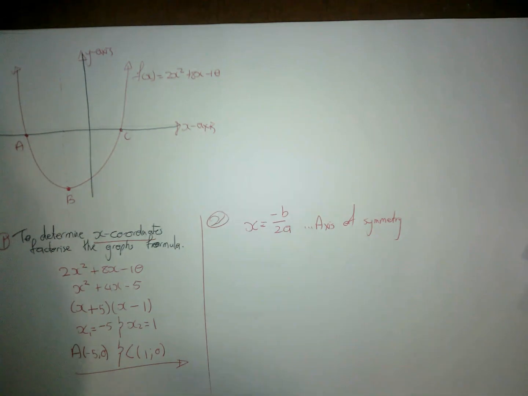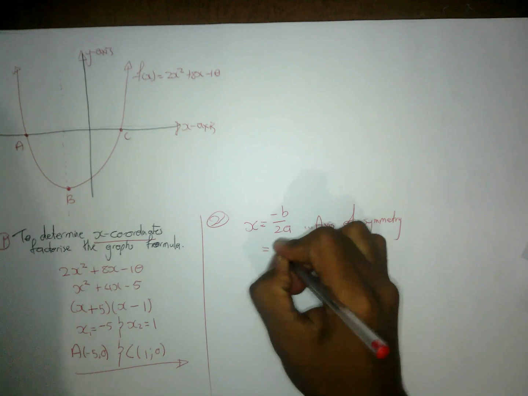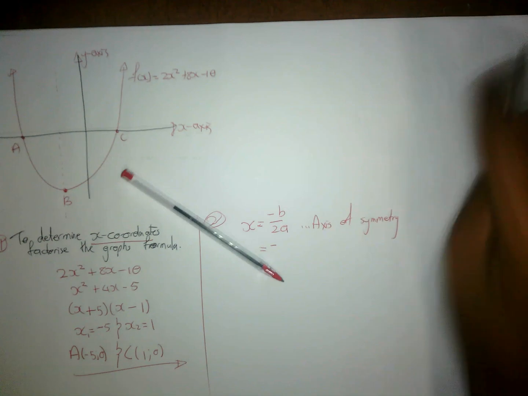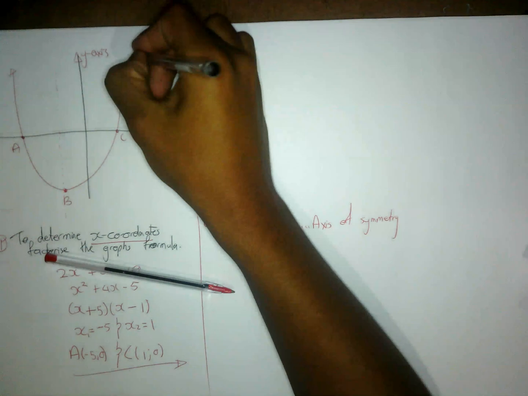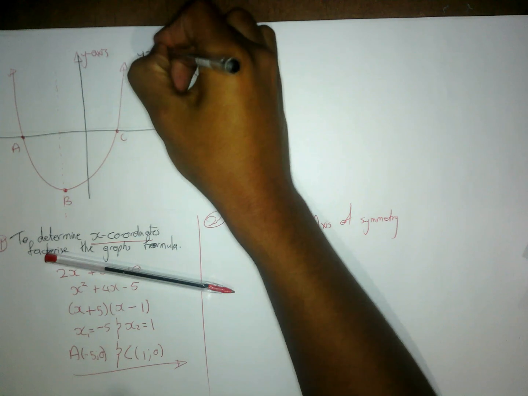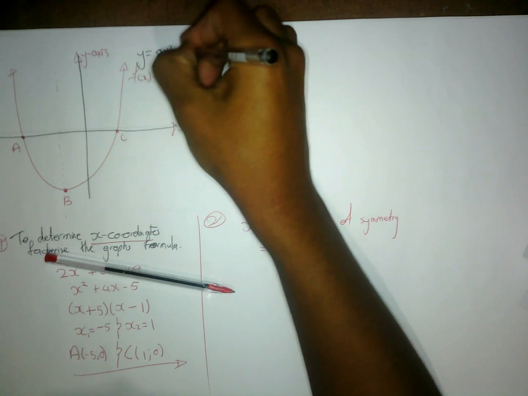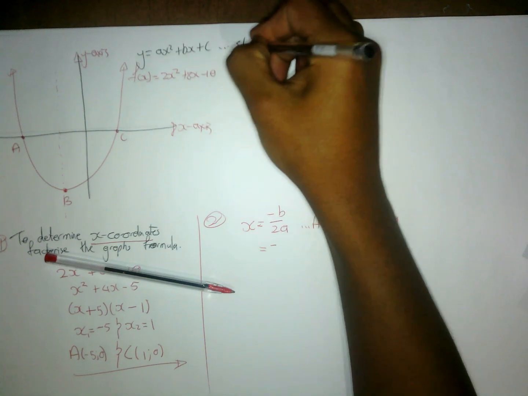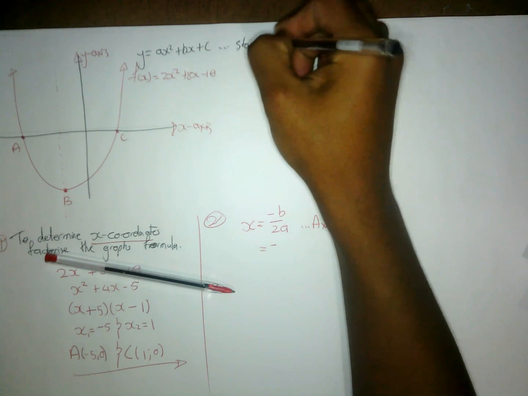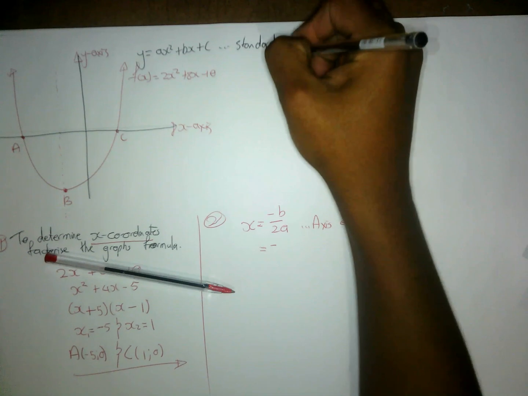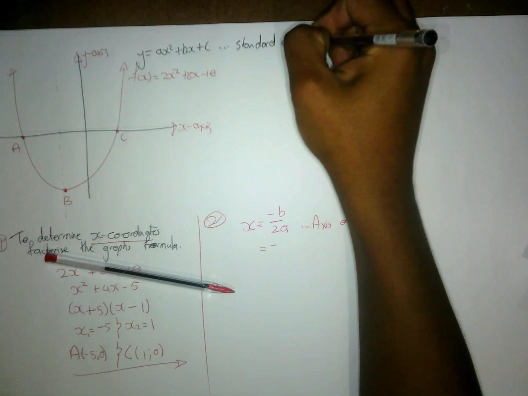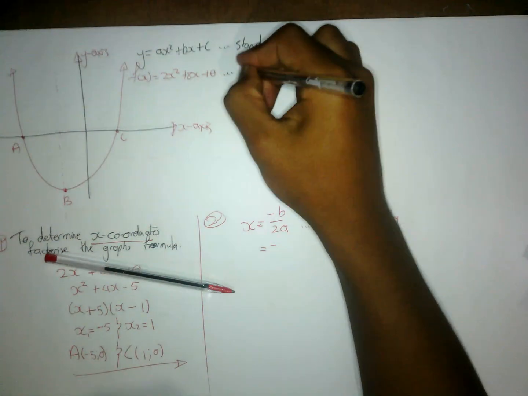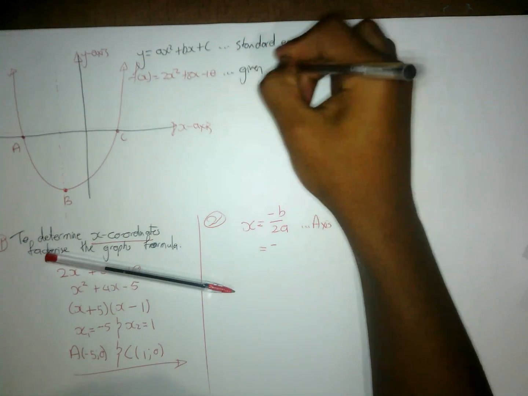Okay, let us move on. The standard formula of a parabola is y equals ax squared plus bx plus c. This is our standard equation, and this over here is the given equation.